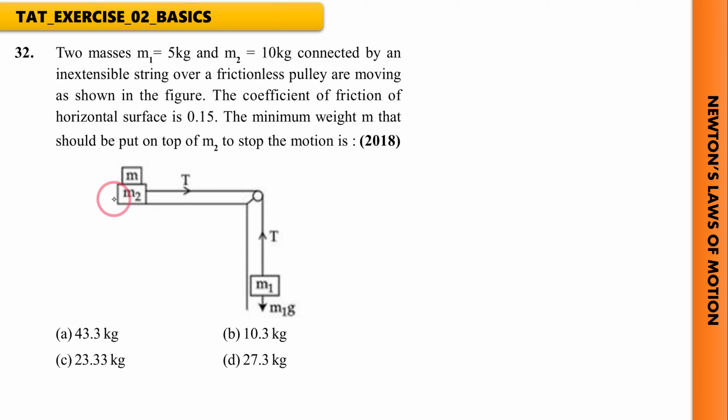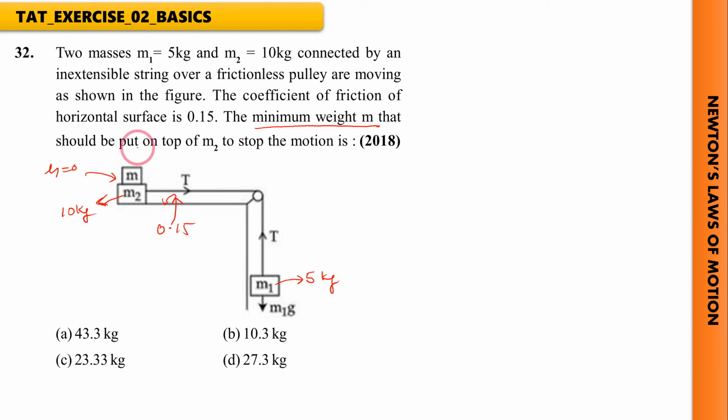Now in this question, M2 is given 10 kg, M1 given 5 kg, right? And this surface is smooth. The surface between M and M2 is given smooth, and the table surface is given 0.15, right?